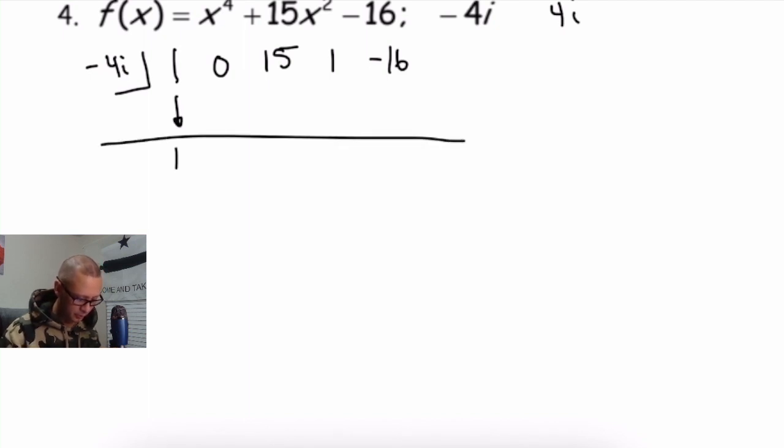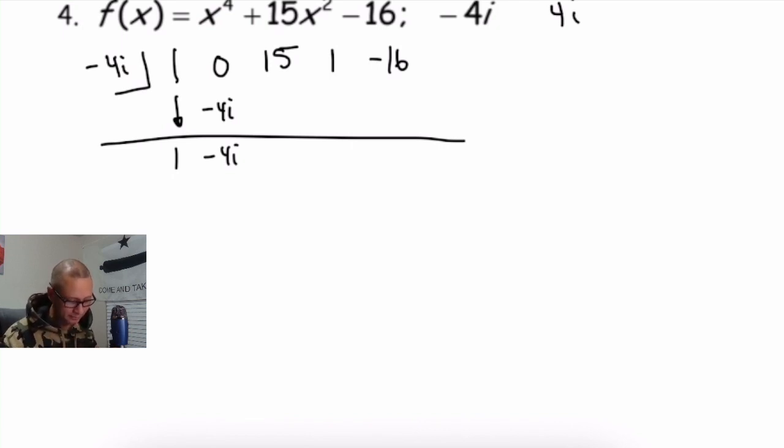Bring down the 1. When we multiply, we're going to get negative 4i. When we add, we get negative 4i. When we multiply, a negative times a negative is a positive.